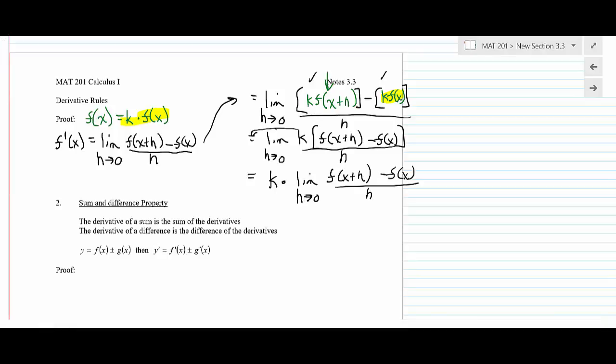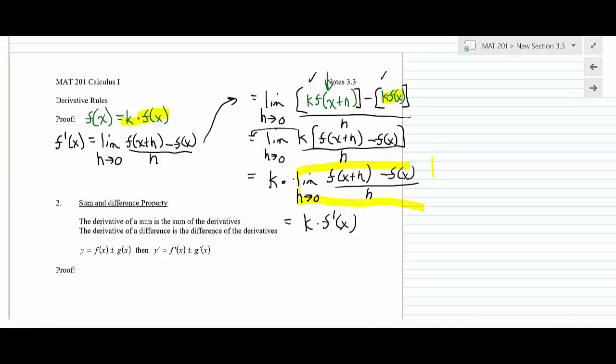Because what is this thing right here? That's the definition of a derivative. So the k comes down, and that thing I highlighted in yellow is the derivative. So I just proved that the derivative of k f of x is k times f prime of x. Does that make any sense?